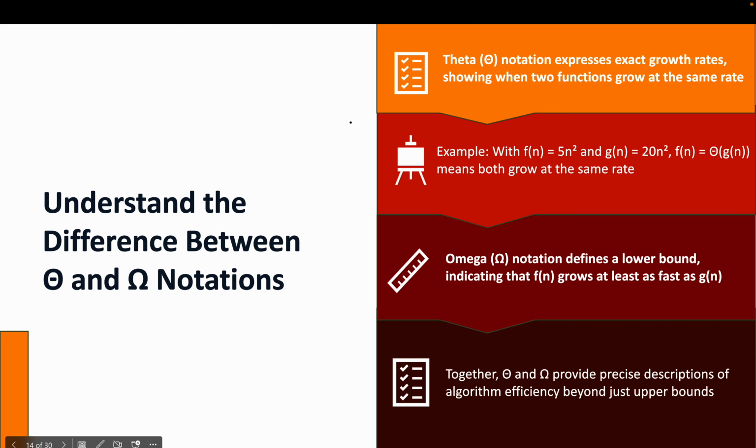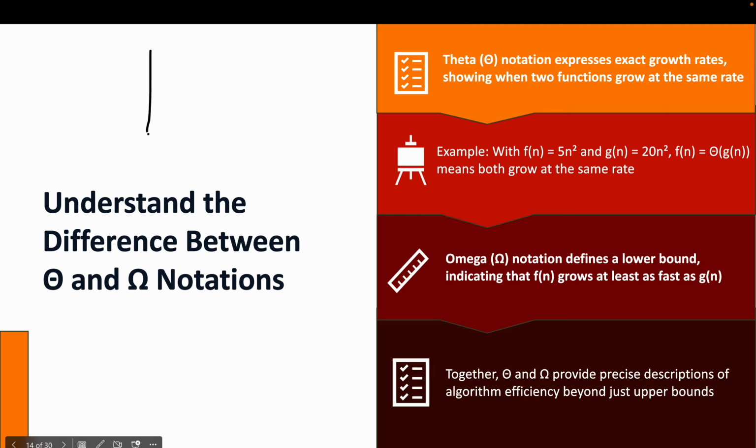You can always think about the operation function of your algorithm, and as I've said, you can have some famous operation functions, and then by using this lower bound, upper bound, and the same growth rate, you can guess what your algorithm's behavior will be.